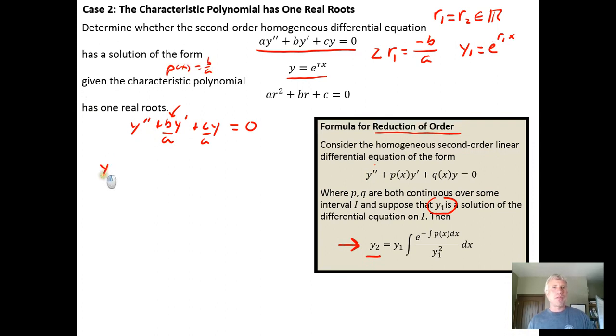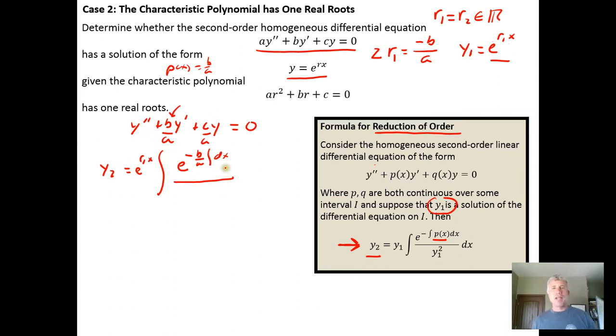We say our second solution, y sub 2, is going to look like y sub 1, which is just e to the r sub 1x, times the antiderivative of e to the opposite of the b over a. But b over a is a constant, and we can factor it out. So I can write negative b over a times the antiderivative with respect to dx.